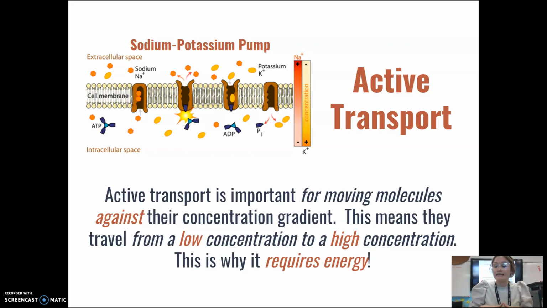Okay, and here they're actually moving from a low concentration to a high concentration. Theoretically, we're like, wait, what? That doesn't make sense. But some cells actually need it in order for the organs that they make to function properly. And so it's extremely important.